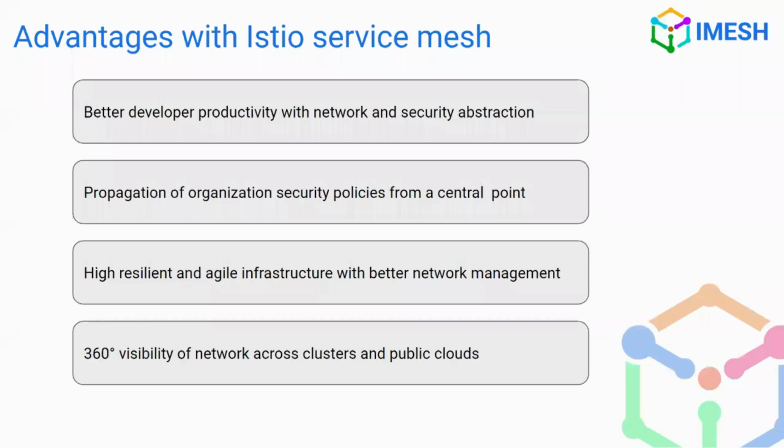The key components we learned are the data plane, control plane, and service mesh interface. The control plane is known as Istio, and we also learned about Envoy proxy, which is required for managing the traffic between microservices. That's what I wanted to cover as the introductory session to Istio service mesh.